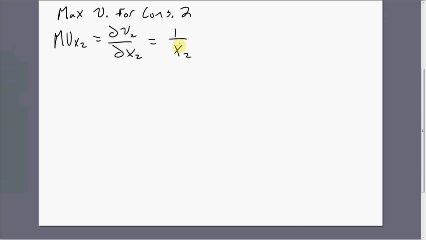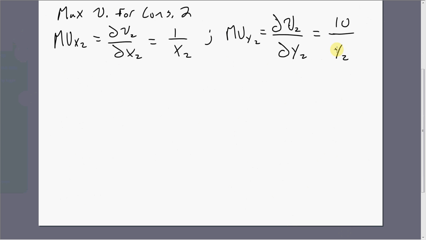Taking the partial derivative of our utility function for consumer 2 with respect to good X, we get this. Marginal utility of good Y, we get 10 divided by good Y for consumer 2.